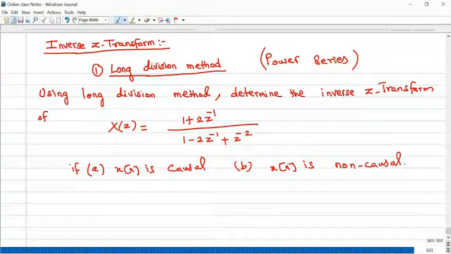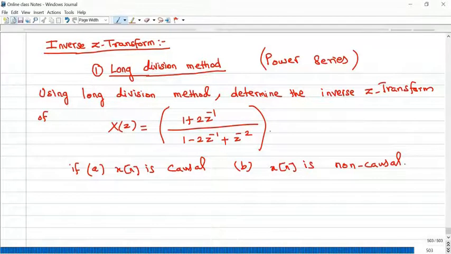X of z is given, we have to find out x of n. Two conditions: how to write x of n in causal format and how to find x of n in non-causal format. Suppose X of z is given in the form of z power 1, z power 2, z cube and so on.